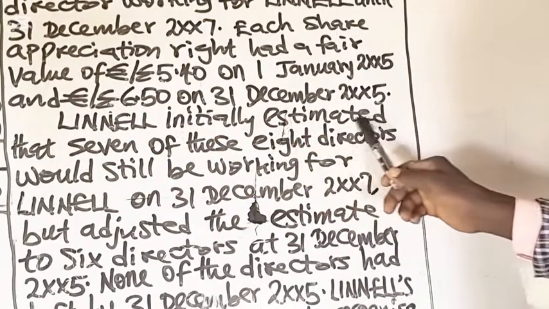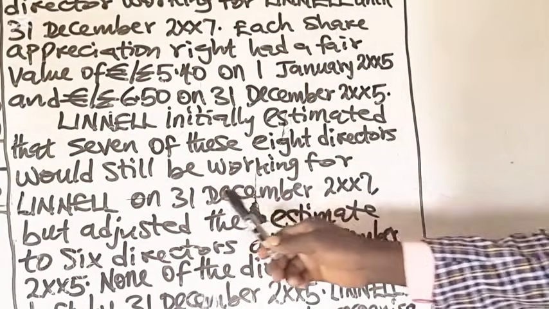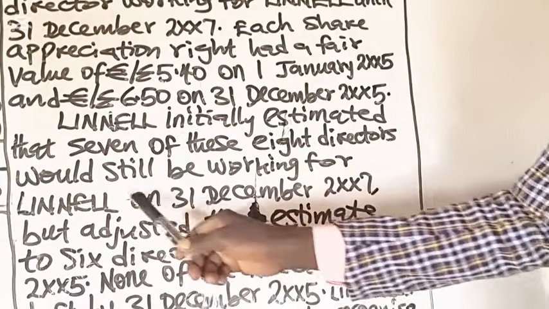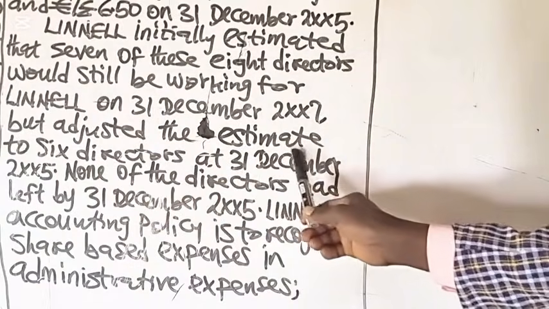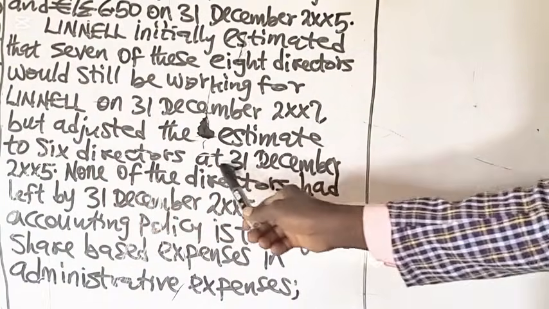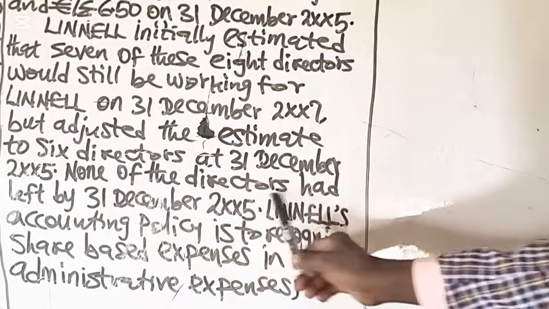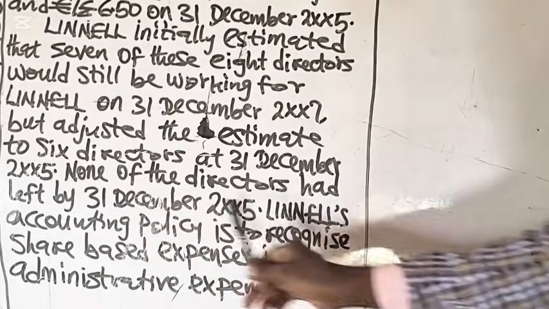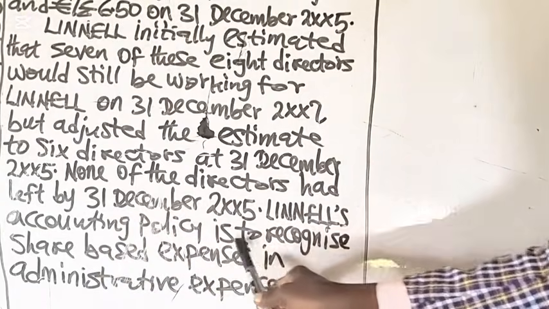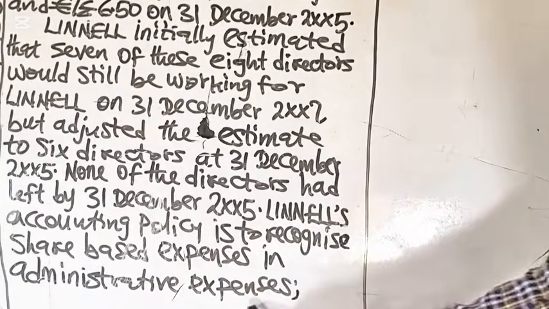Linen initially estimated that 7 of these 8 directors will still be working for Linen on 31st December 2007, but adjusted the estimate to 6 directors at 31st December 2005. None of the directors had left by 31st December 2005. Linen's accounting policy is to recognize share-based expenses in administrative expenses.